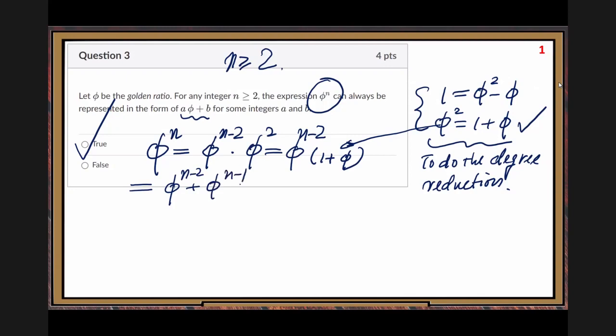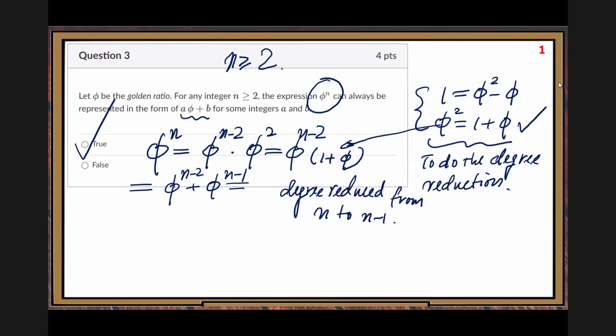Here, can you see the degree is reduced by 1? The highest degree is n minus 1. So the degree reduced from n to n minus 1. After that, can you do further reduction?